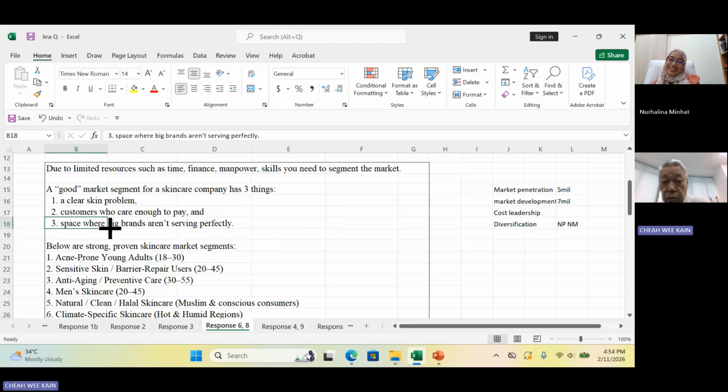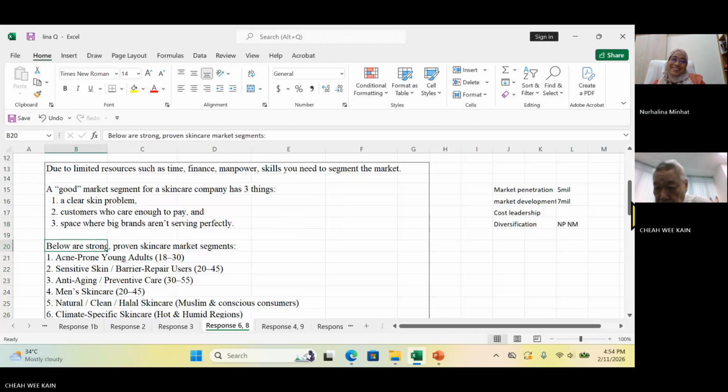But if you can serve a segment that they are not serving very well, maybe cosmetics for very young children, cosmetics for very old people, cosmetics for people who have died already. You want to put cosmetics for them? These are new segments. You do not know until you look at the SWOT. Maybe you can try.